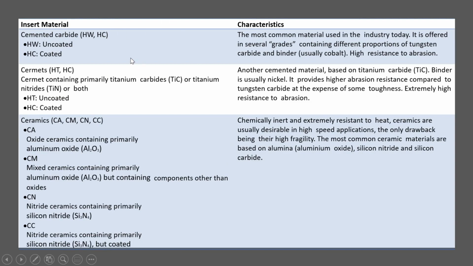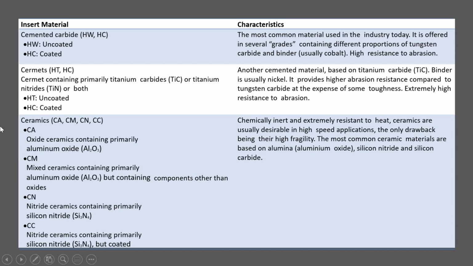So different insert materials, you have gone through earlier. Available insert materials are cemented carbide, which can be uncoated or coated, cermets, ceramics. Different types of insert materials are available.